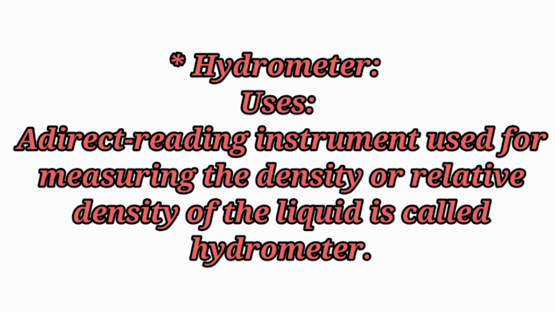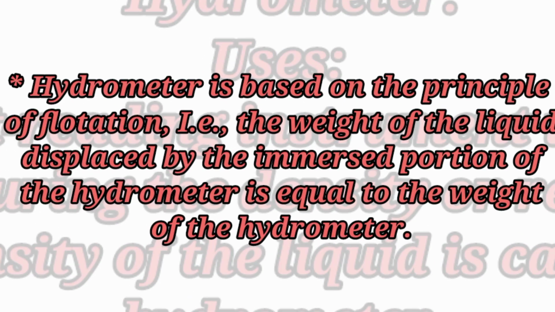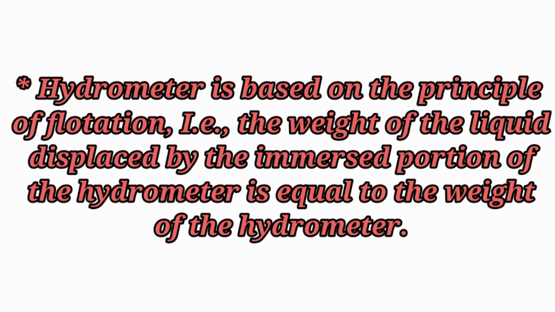A direct reading instrument used for measuring the density or relative density of the liquid is called hydrometer. Hydrometer is based on the principle of flotation. That is, the weight of the liquid displaced by the immersed portion of the hydrometer is equal to the weight of the hydrometer.